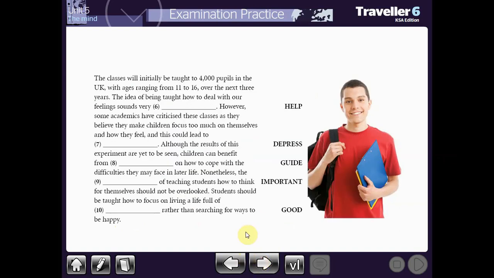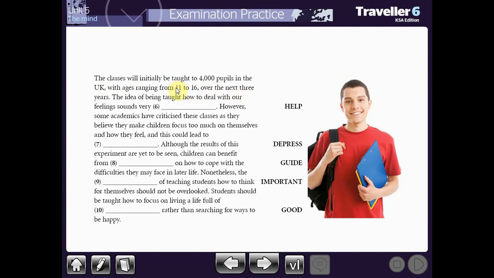Next one. The classes will initially be taught to 4,000 pupils in the UK, with ages ranging from 11 to 16.